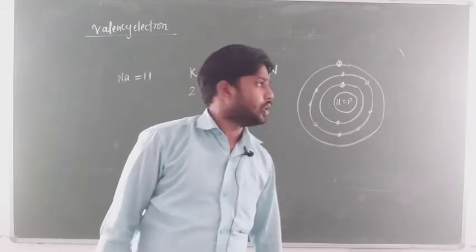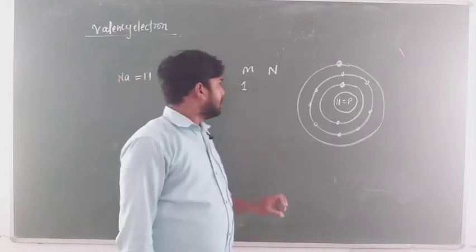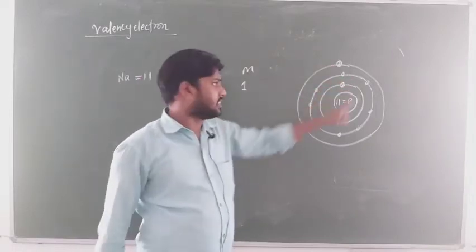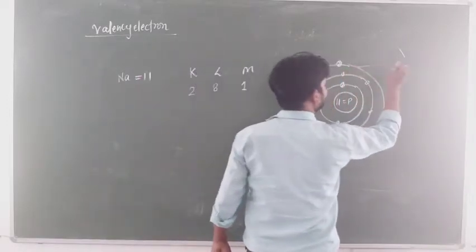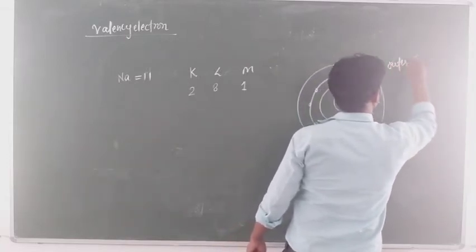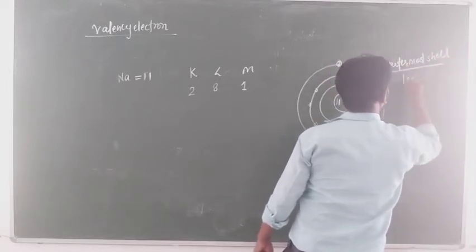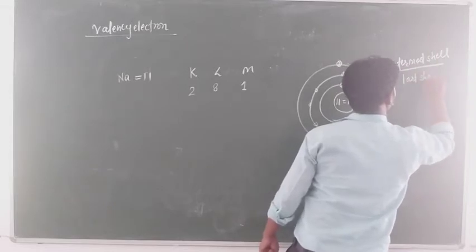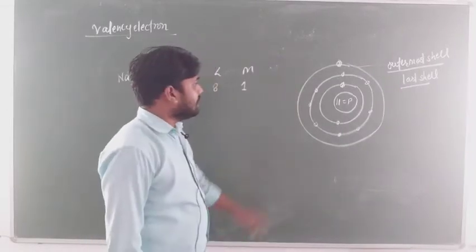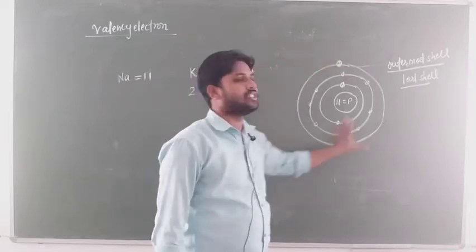If we see this structure of sodium, students, this M cell is the last cell. This is the outermost cell, meaning the last cell of this atom.